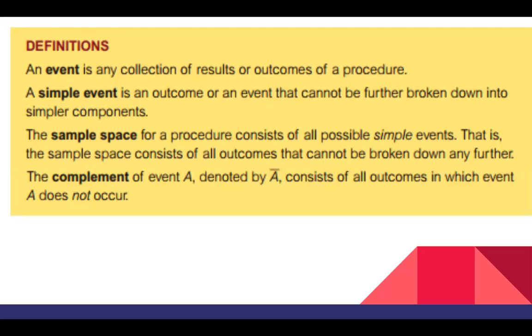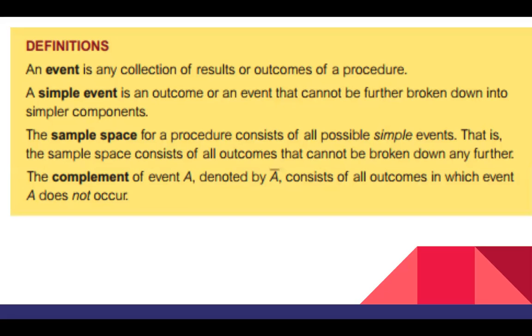An event would be rolling a die. A simple event is an outcome or an event that cannot be further broken down into simpler components, which means a lot of times you can say, what are the odds that I land a 1 3 times in a row? Well, then it's not a simple event because you have to base it on the other 2 roll attempts.